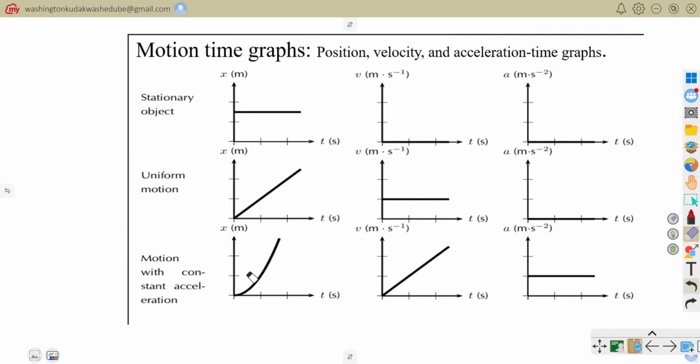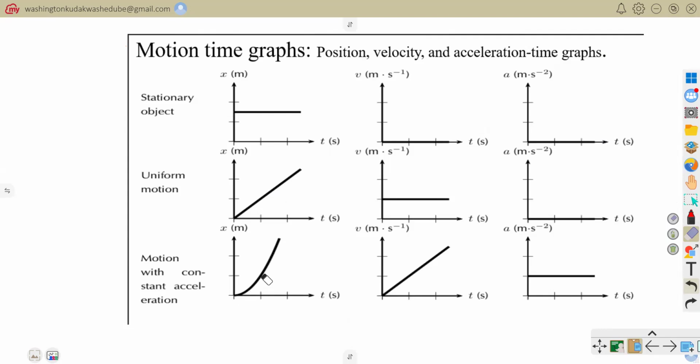The line is no longer straight because the velocity is changing. It is increasing. Even though it is increasing at the same rate, it's no longer the same. In uniform motion the velocity is the same, so the gradient has to be the same. So here the gradient is increasing but at the same rate. That's why you would have a curve.